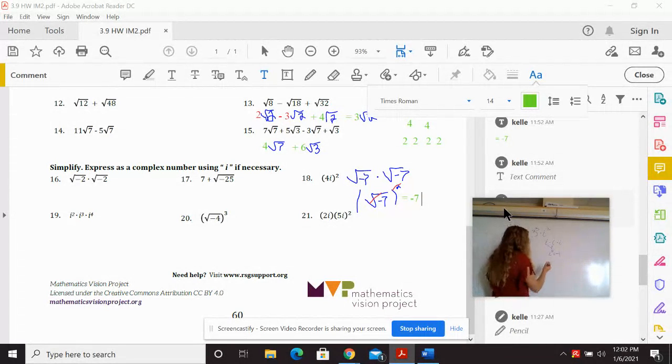So then that becomes negative 1 times i, which is negative i. So then you would have 27 times negative i, which is negative 27i. So you get to the same place.